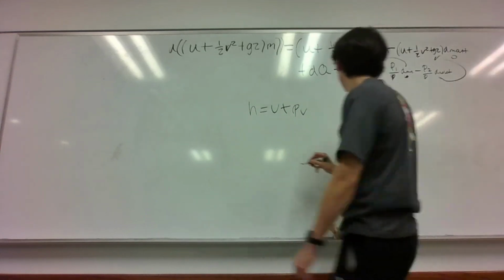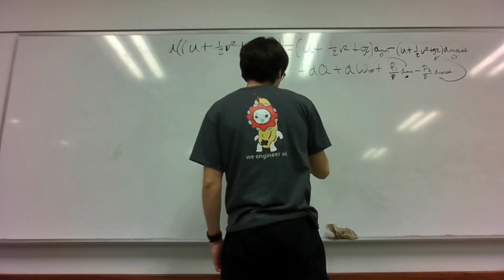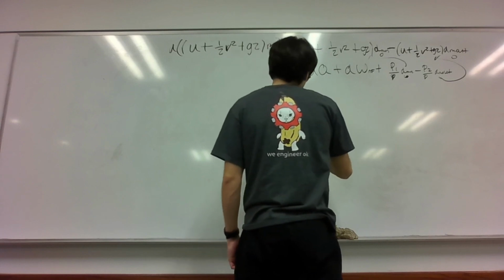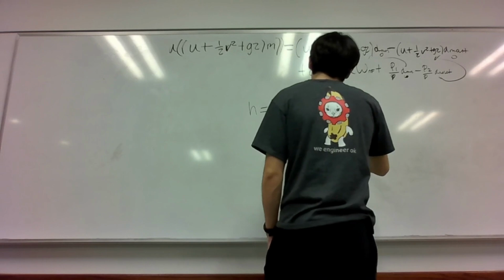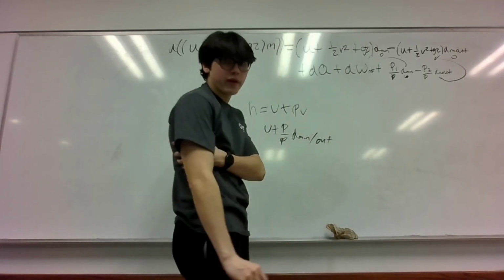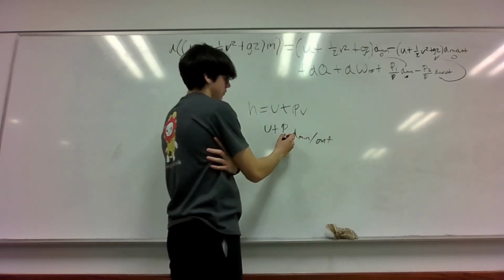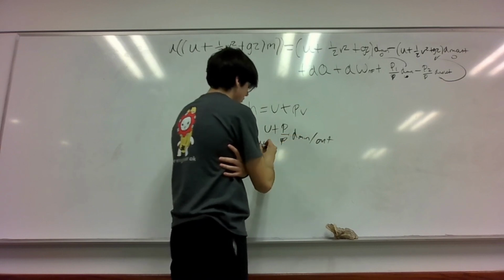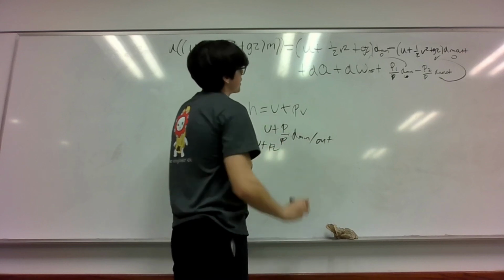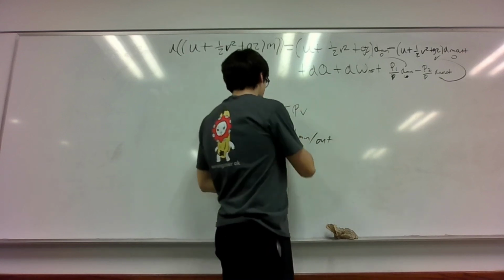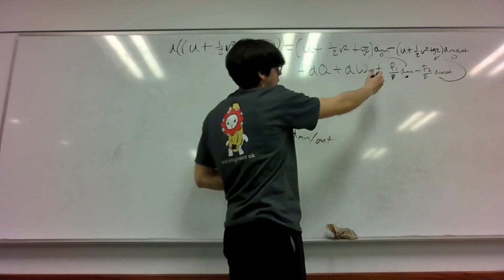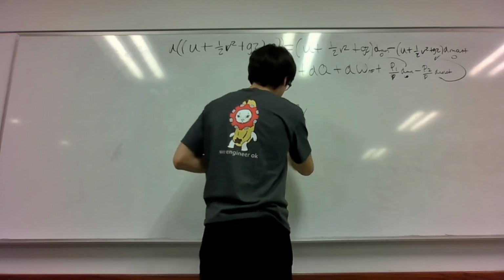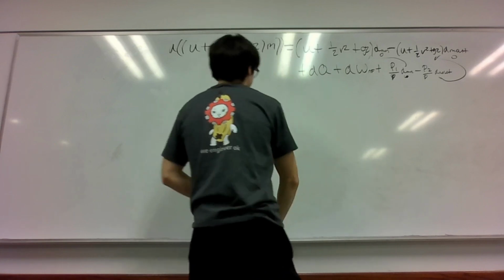And we'd have U plus P over density times dm_in, or dm_out. And like I showed before, pressure over density and mass will cancel each other out, and we'll be left with U plus PV again. So we can change this expression one more time. Instead of U plus P1 over density, we can label this enthalpy. So let's write that as such.